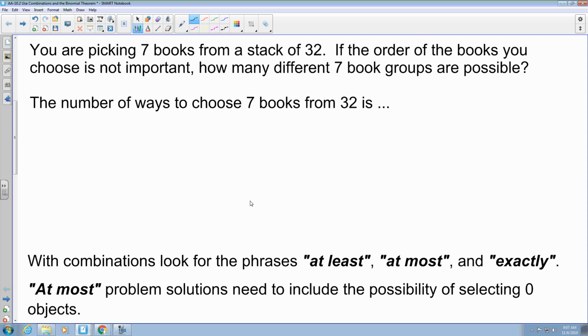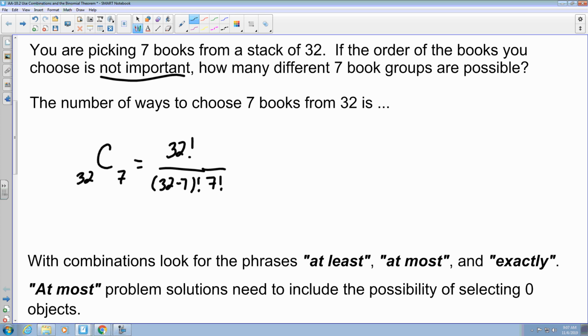So we have a combination because order is not important, and we have 32 objects, and we're trying to arrange them 7 ways. Using the formula, it's going to be 32 factorial divided by 32 minus 7 factorial, multiplied by r factorial, which is also 7 factorial.